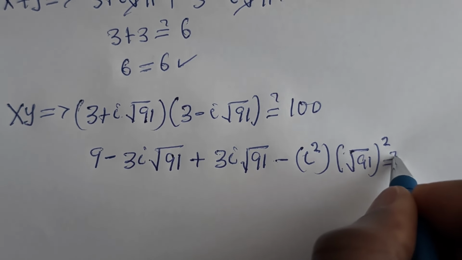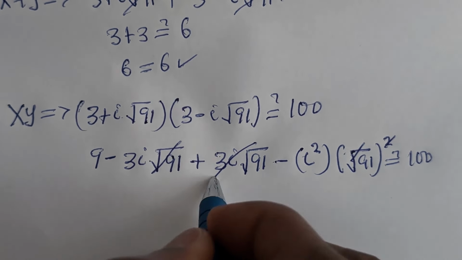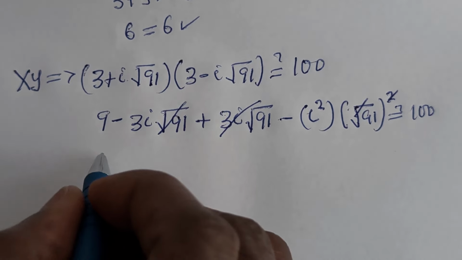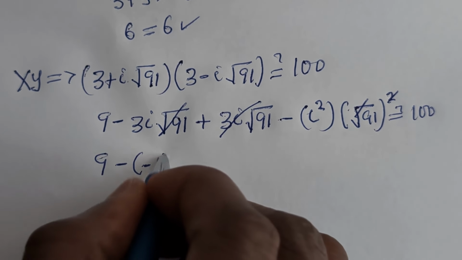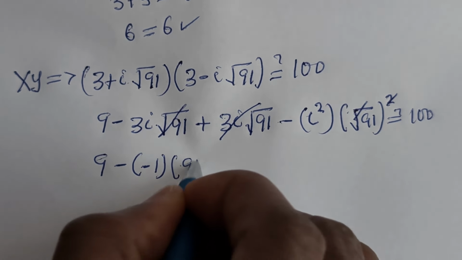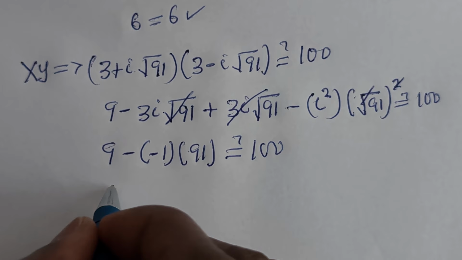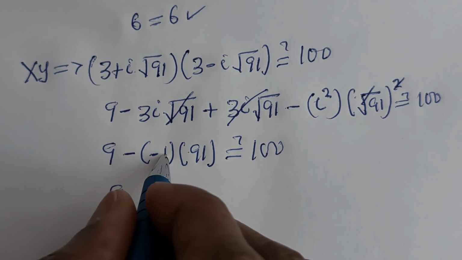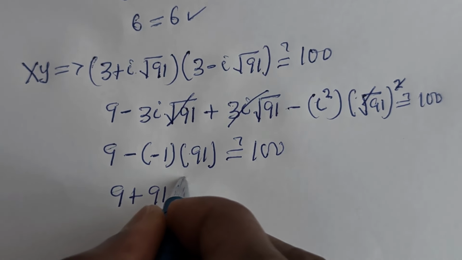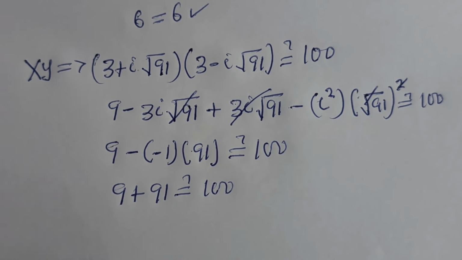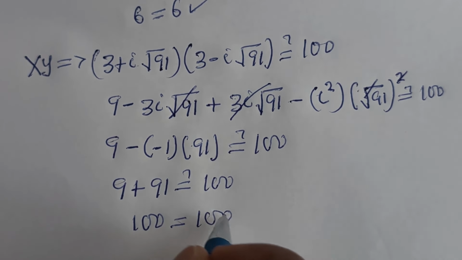Now must be equal to 100. This cancels this, and this cancels this. We have 9 minus i square, that is minus 1, multiplied by 91 must be equal to 100. Then we have 9 minus times minus 1, that is plus 1, times 91, that is 91, must be equal to 100. Then here, 9 plus 91, this is 100, is equal to 100, which is true.